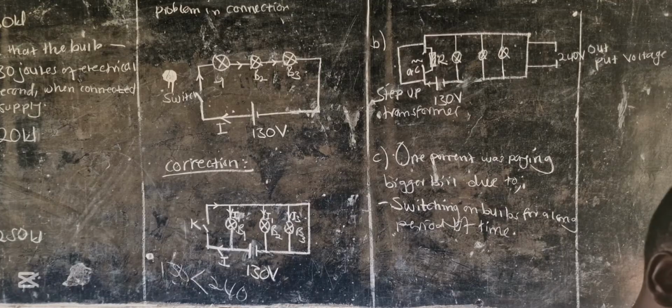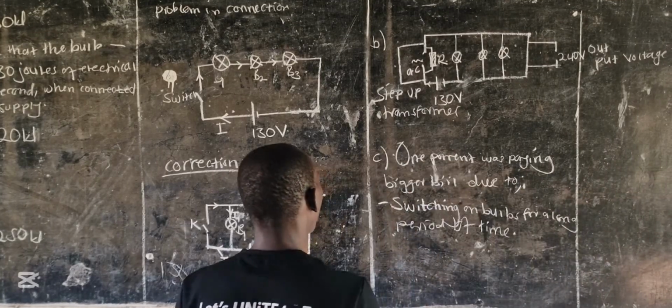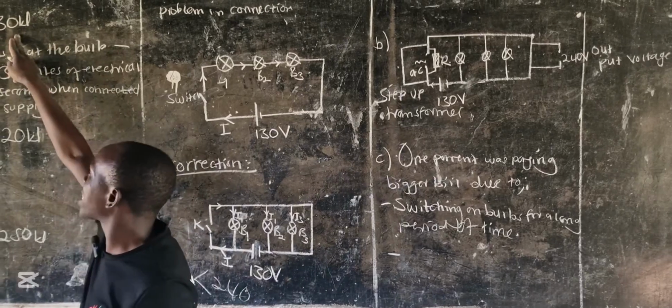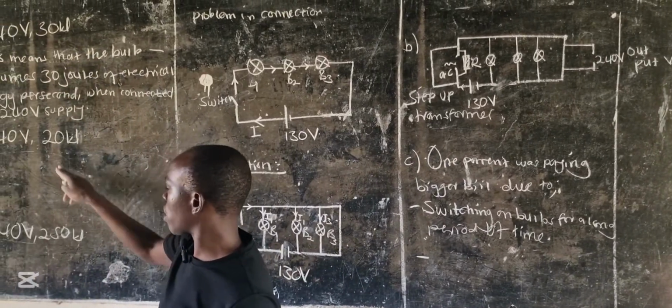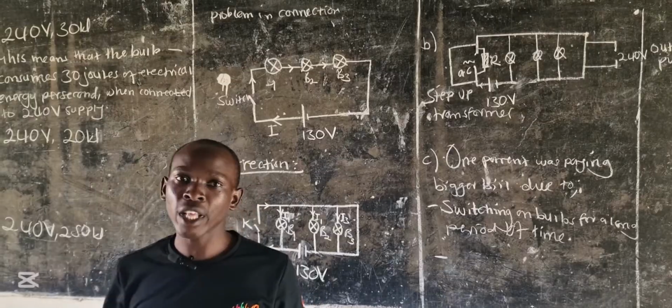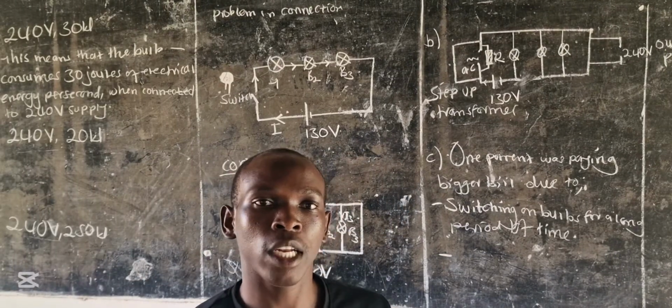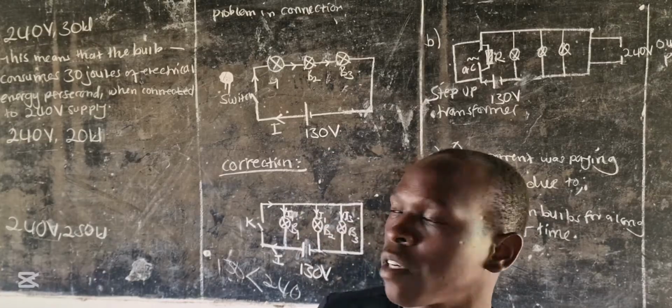Then also, the bulbs that they were using: one bulb was 30, another one was 20, another one was 240. All that energy consumption is too big. These parents can use other ways like energy savers.